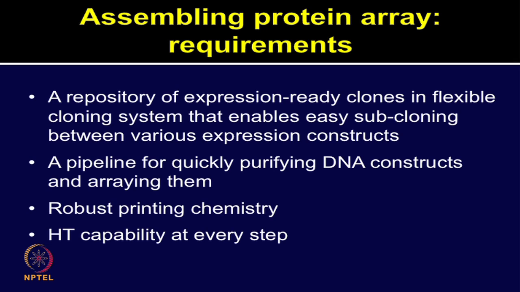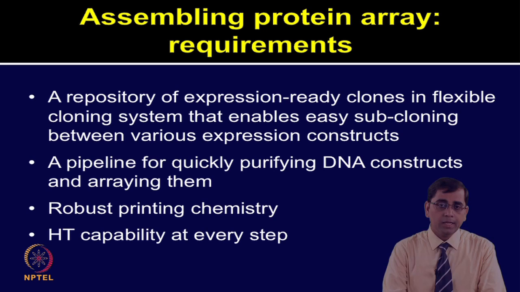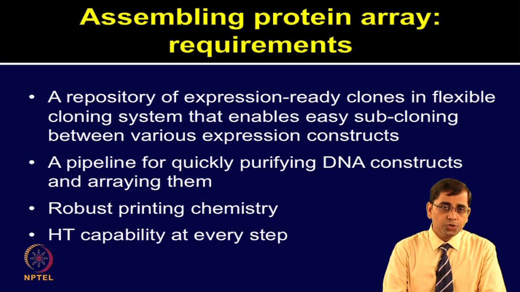First of all, we need a repository of expression ready clones, which should be in a flexible cloning system. In the previous lecture, we talked about recombinational cloning, which provides very high quality master clones. Those master clones can be easily transferred by subcloning them into a different type of expression system.